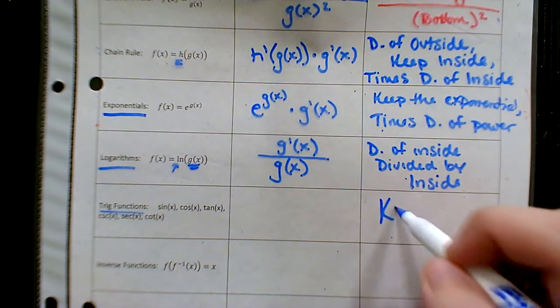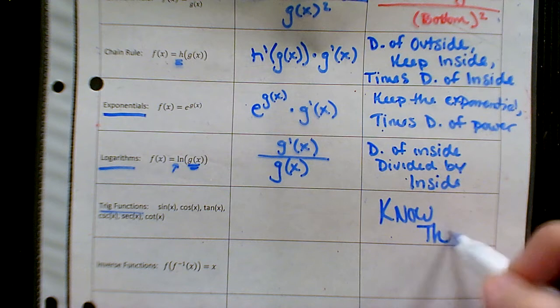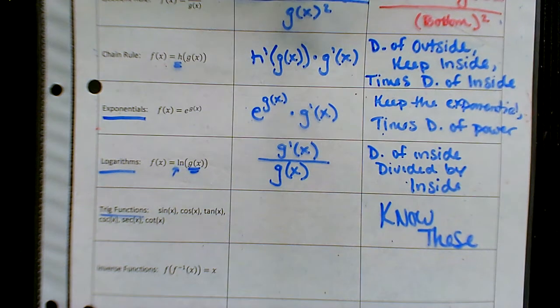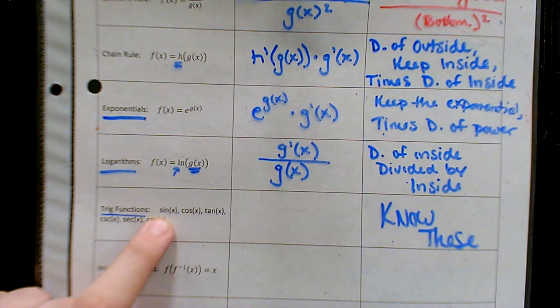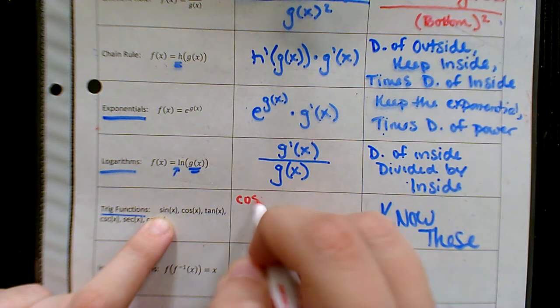I'm just going to have to say you have to know these. Okay, there's no really way for us to describe them in words. We just have to know the derivative of sine is this, the derivative of cosine is this. All right, so can we list them? Derivative of sine. We got cosine.